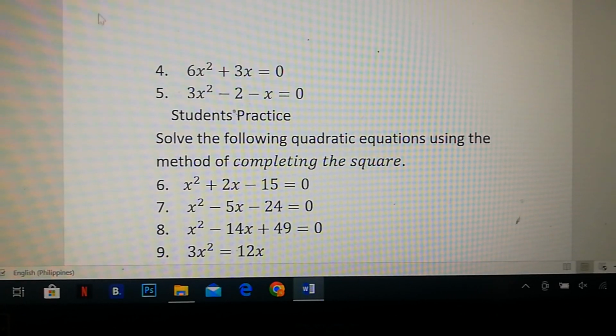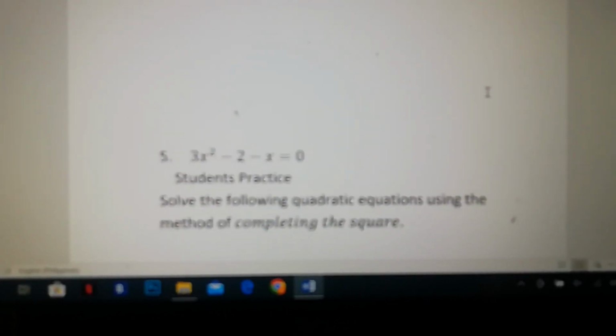Okay, next example is example 4. So this time, instead of factoring out the GCF, since the method is completing the square, we will use completing the square.